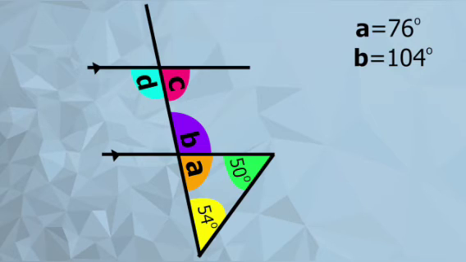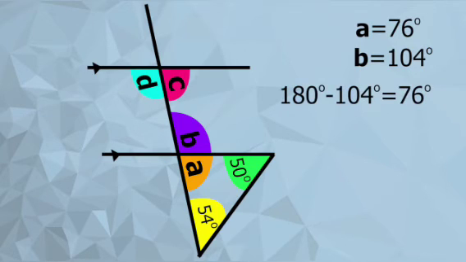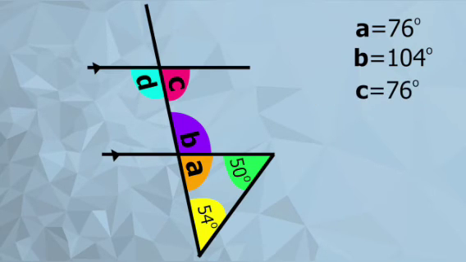So, C will be equal to 180 minus 104, and that's 76 degrees. So C is 76 degrees. And then angle D is an alternate angle to angle B. Therefore, D is equal to 104 degrees.